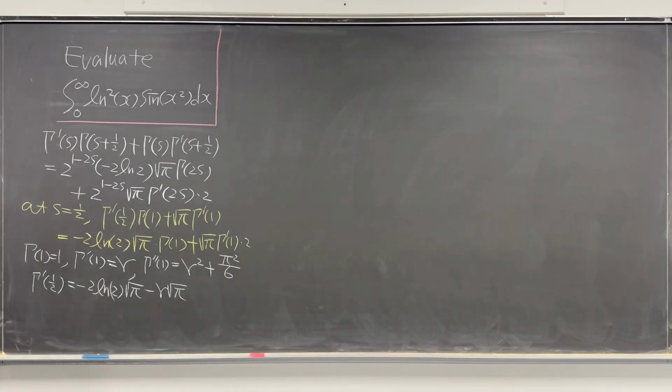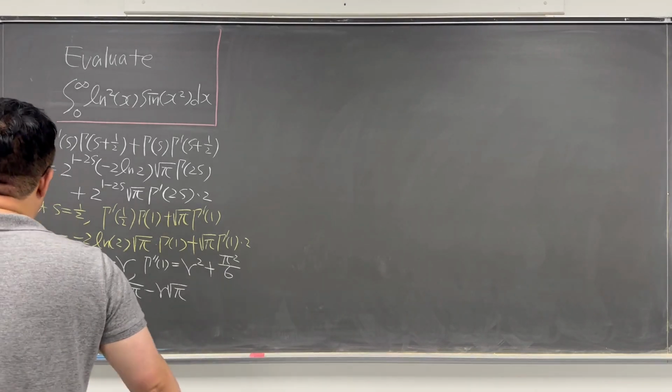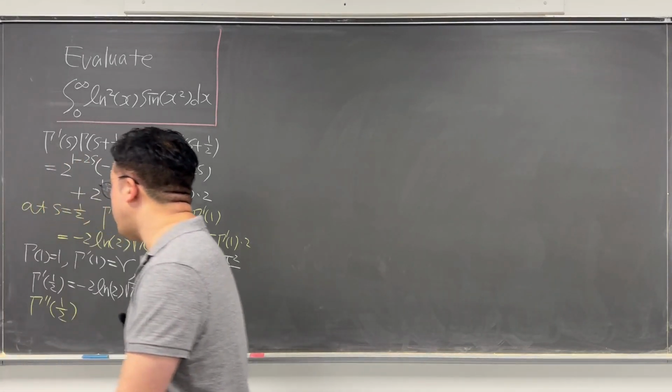So in order to compute gamma double prime of 1 over 2, we should differentiate one more time.